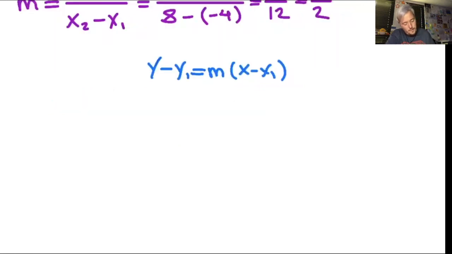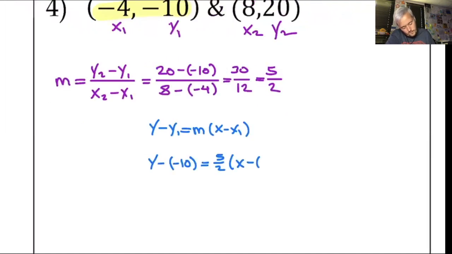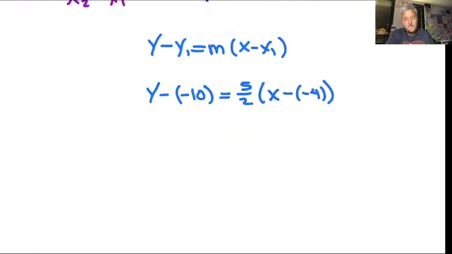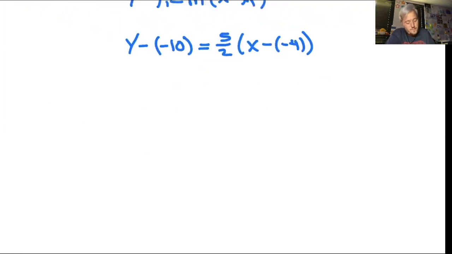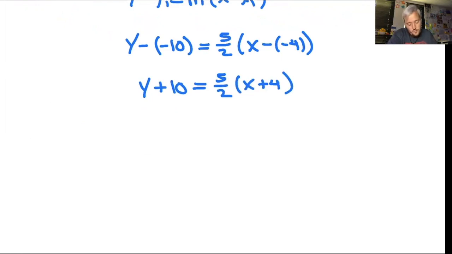So we're going to have y minus negative 10 equals 5/2 x minus, is it negative 4? So now I'm going to simplify. So y plus 10 equals 5/2 x plus 4. So here's my point slope form equation. Now I want to convert this to slope intercept form. So I'm going to distribute.